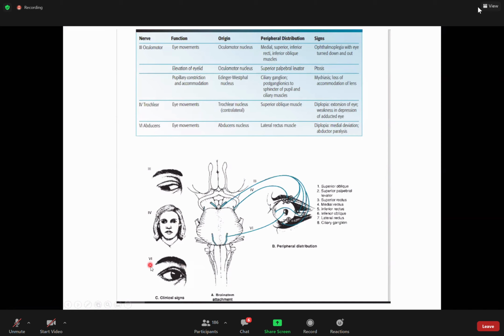And in the sixth nerve palsy, you see the eye moved inward because the damage to the abducent allows the oculomotor nerve to pull the eye medially. So this is how the position of the eye would look in sixth nerve palsy. This is the position of the eye which you see in third nerve palsy. And in the fourth nerve palsy, you cannot completely adduct and downwardly rotate the eye because of the superior oblique paralysis.